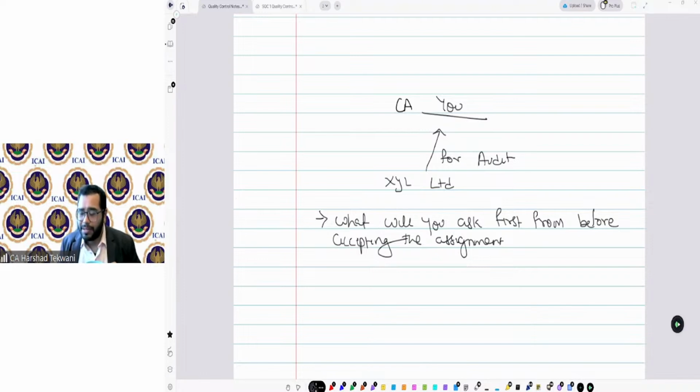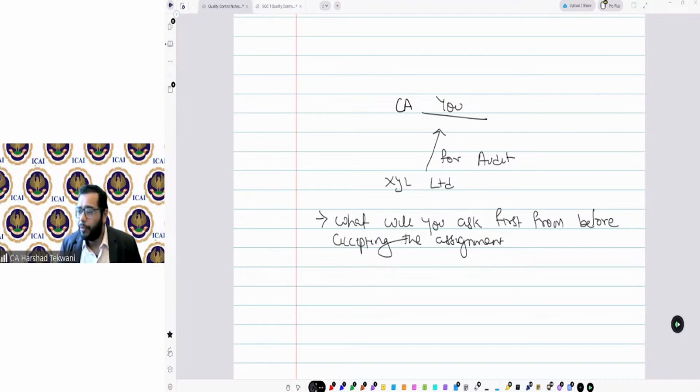So I have received a few answers, but again, I want to emphasize why we are discussing this: it is linked with the next topic that we are going to discuss. Good Charu, good Prajwal. Some are saying previous auditor's details or current auditor's details. Good. Some are saying they will understand the client's business practice, client corporate culture, all the things.